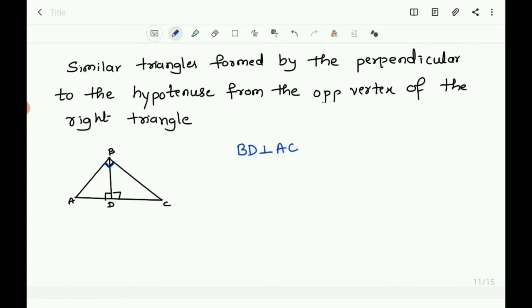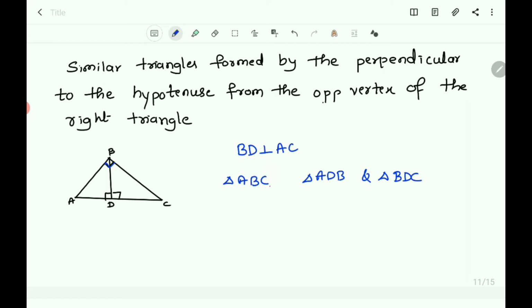So here there are three triangles. The given triangle is ABC. Newly formed triangles are triangle ADB and triangle BDC. Three triangles are there.